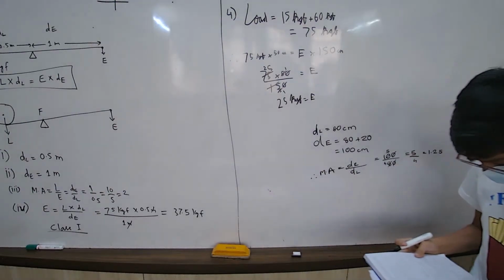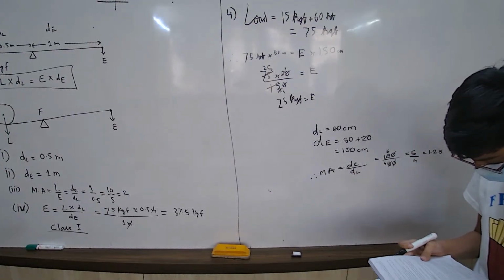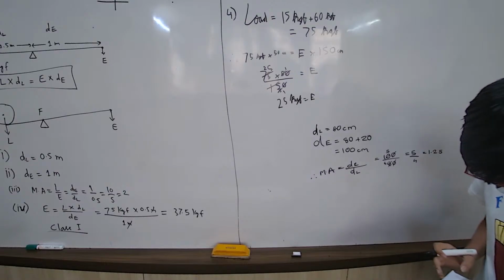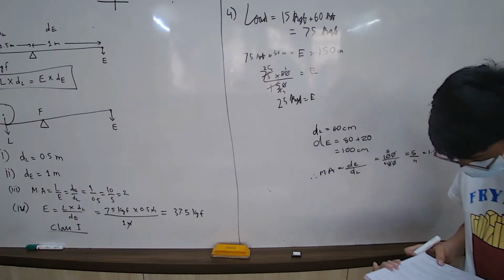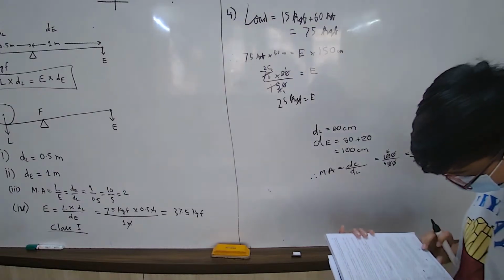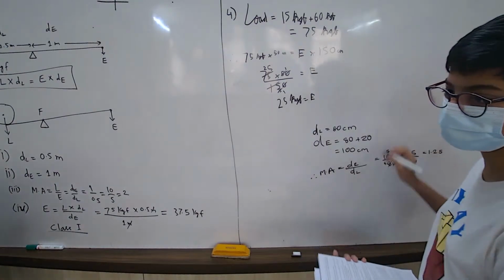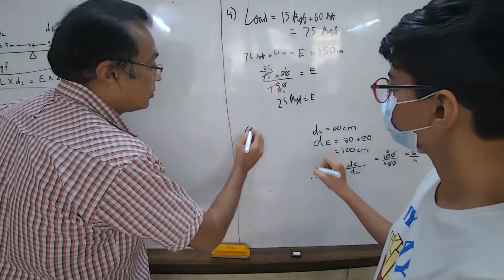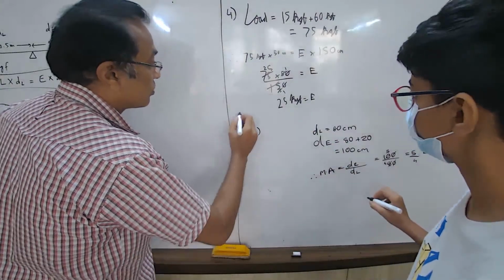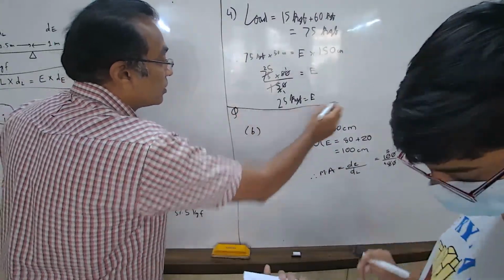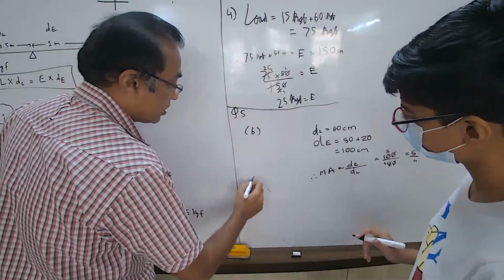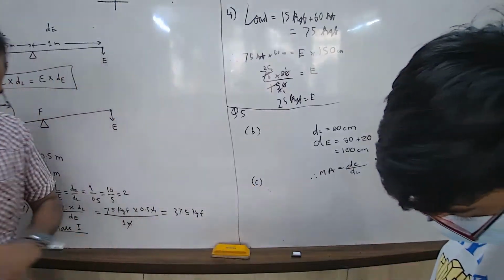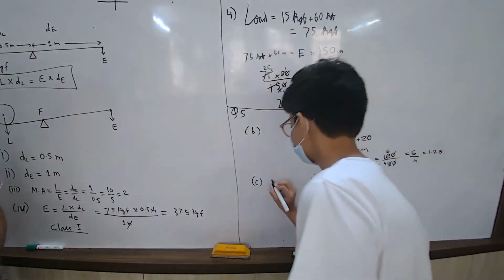Very nice. MA is 1.25. Calculate the value of E. So you write A, B, which part of the question it is? This is second. B, right? Yes. Question number? 5. And C part is? C part is calculate the value of E.